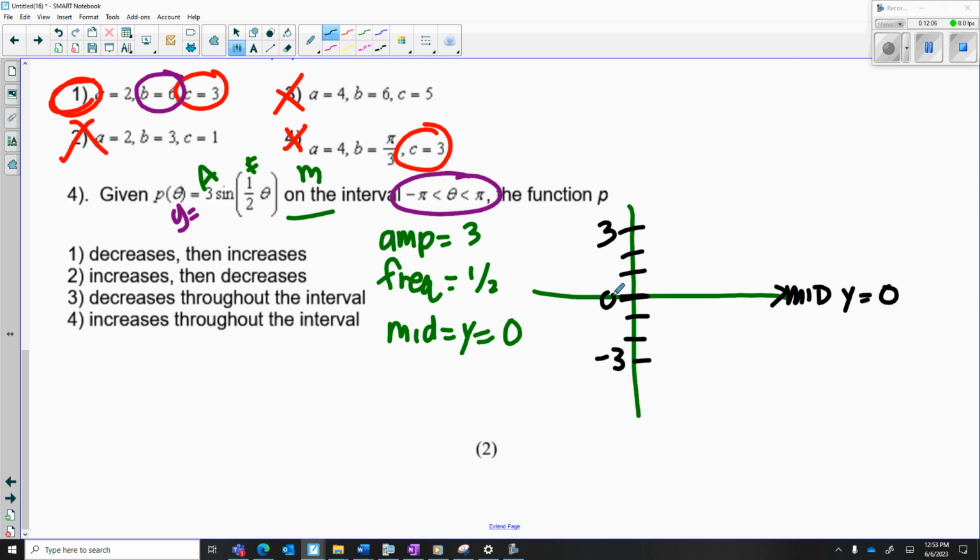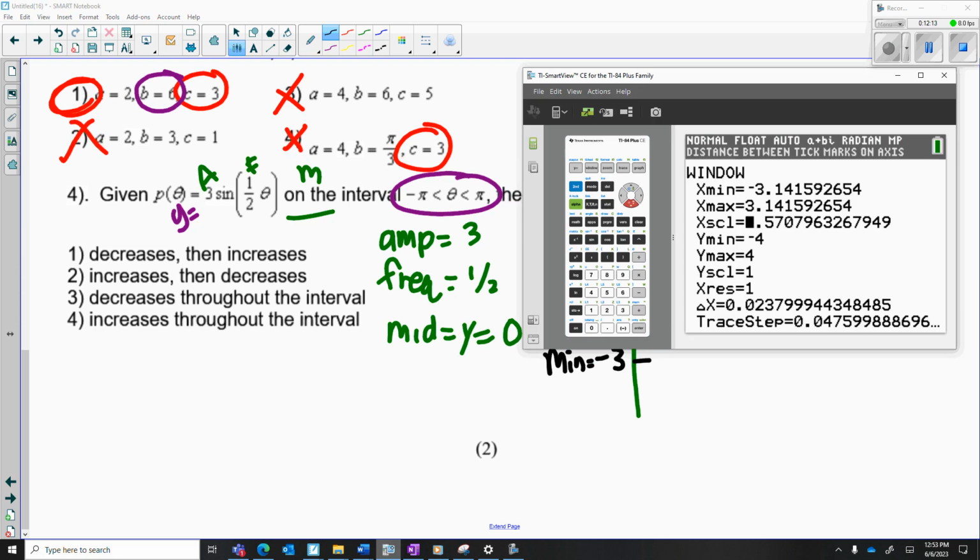So the maximum is going to be positive 3, and the minimum is going to be negative 3. So for the y max and y min, it's okay if you leave negative 4 and positive 4 here because you'll see the whole graph, but it could also be written as negative 3 and positive 3 if you like. Now let's hit graph and let's see what we have.